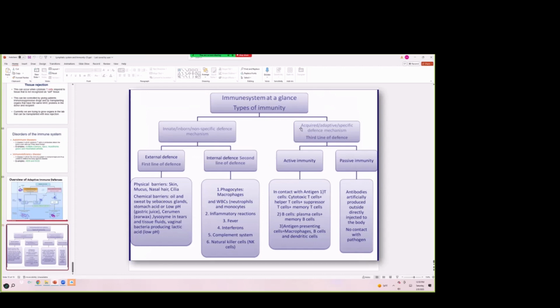And then the other one that is called adaptive or acquired immune defense is the third line of defense, which is characterized by the fact that it is specific to the pathogen or the antigen it is dealing with, and it involves B and T cells. Question?